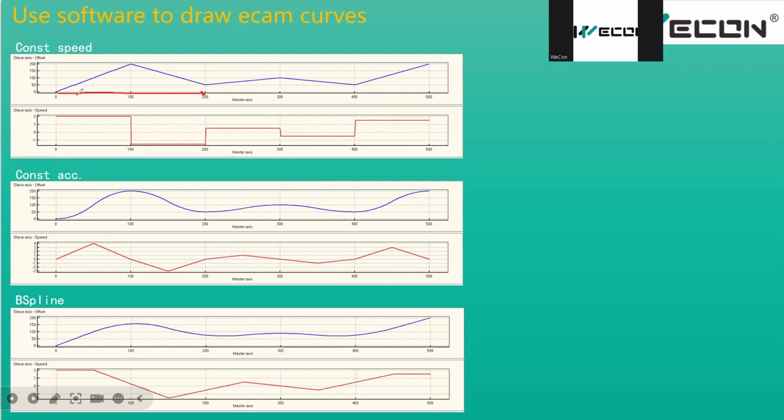And after the master achieves 200 and continues to go forward, then the slave will begin to move like this. It's just like we shift the slave curve from left to right by a 200 offset. So this is the delayed start. Could you understand this delayed start?